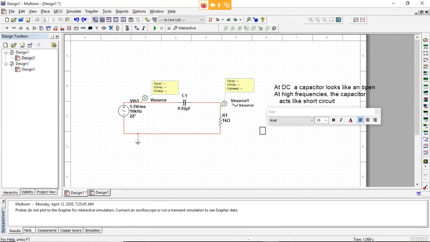So we are looking at the voltage out divided by the voltage in, which gives us the resistor divided by the resistor plus j times the capacitive reactance.